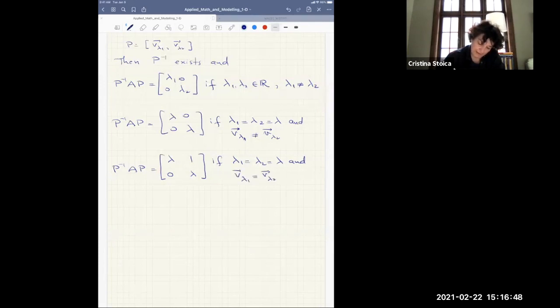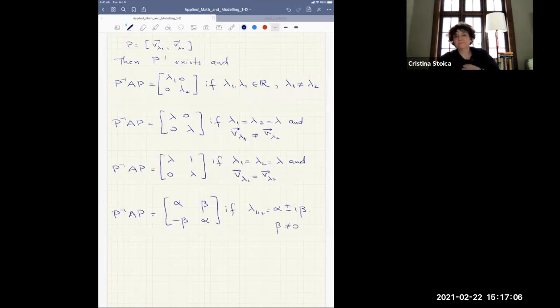And finally, it produces something in this way if lambda 1, 2 are complex, so they have a non-zero imaginary part.